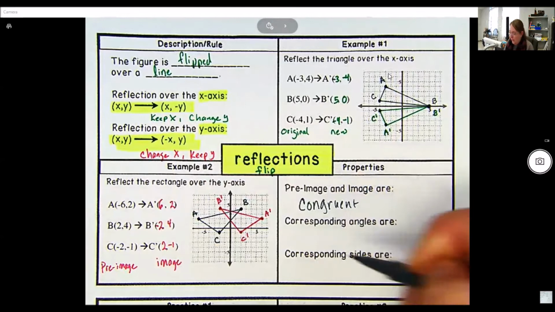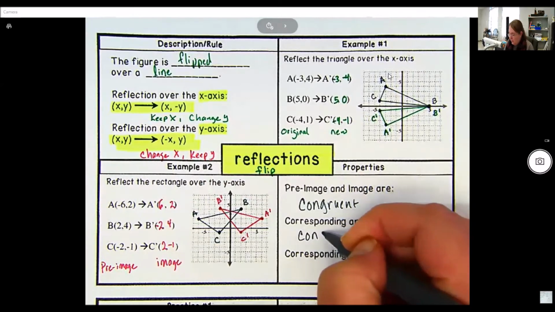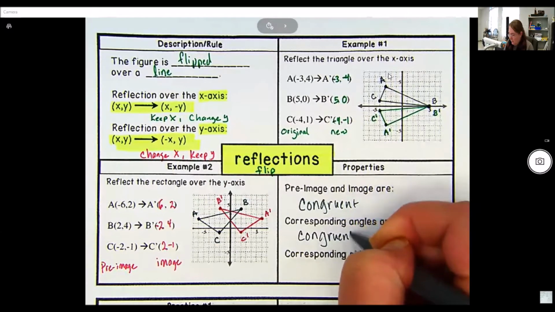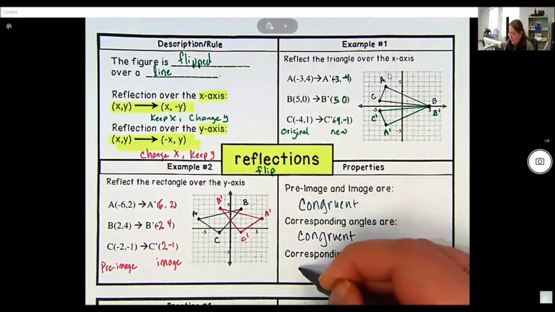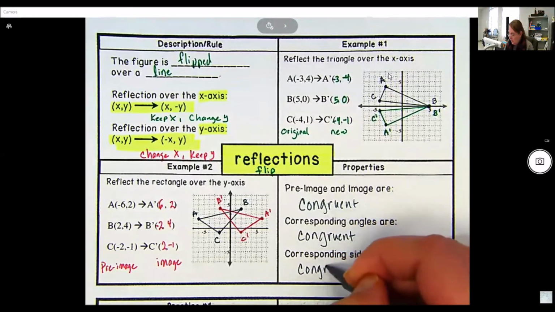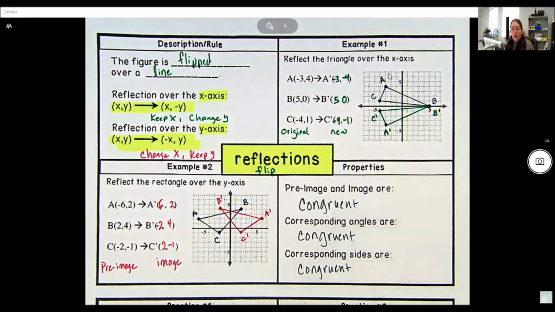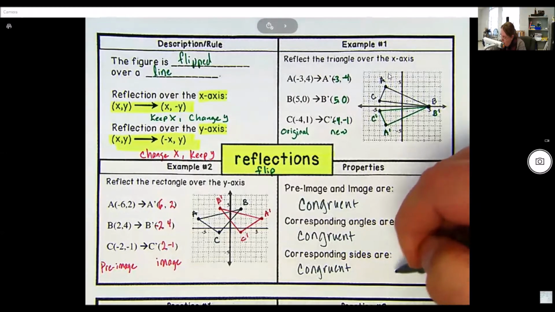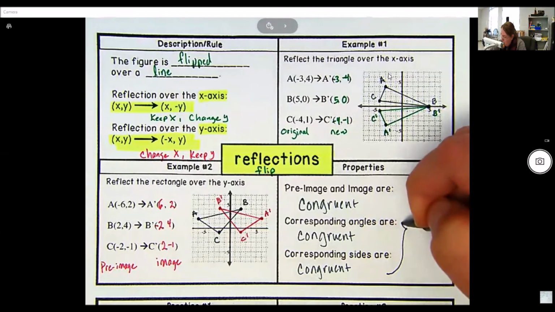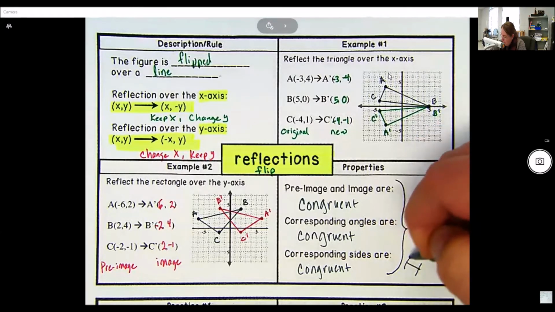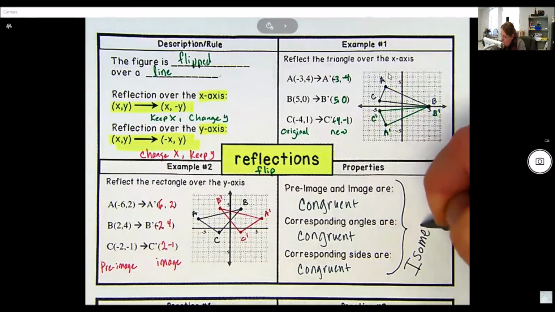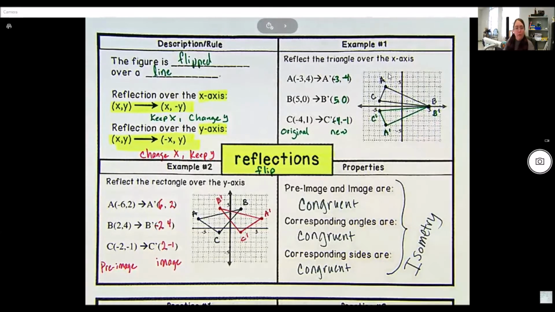The corresponding angles are congruent, and the corresponding sides are also congruent. So when everything stays the same size and the same shape, we have something called isometry. So you can say that a reflection is a type of isometry.